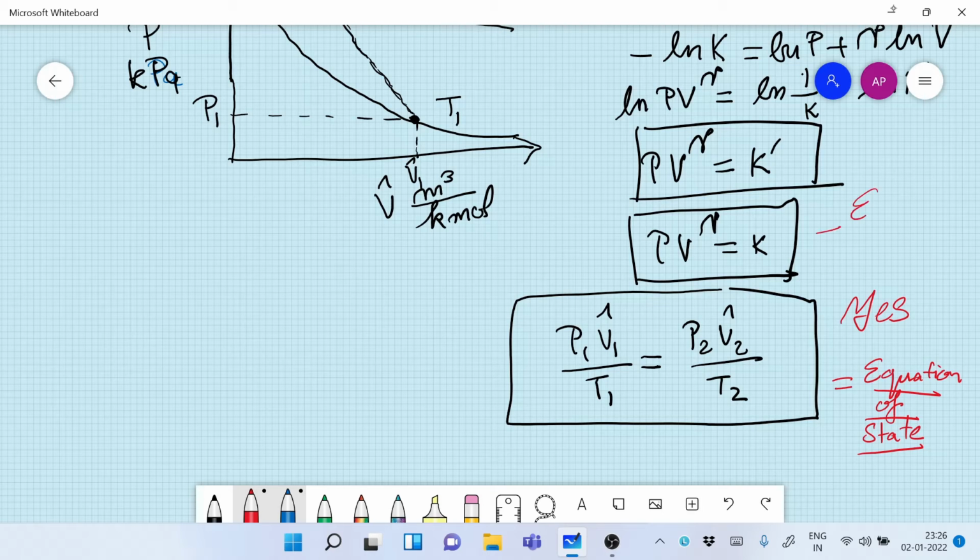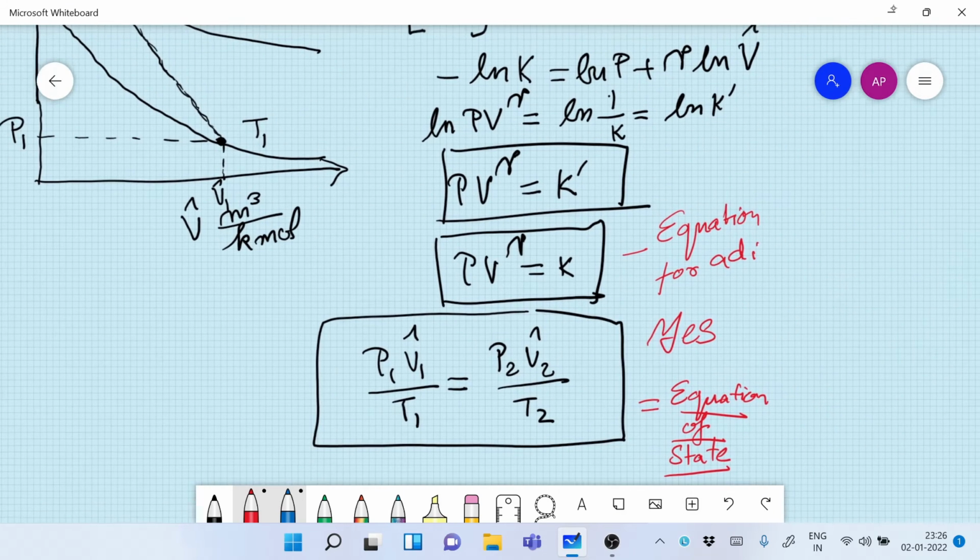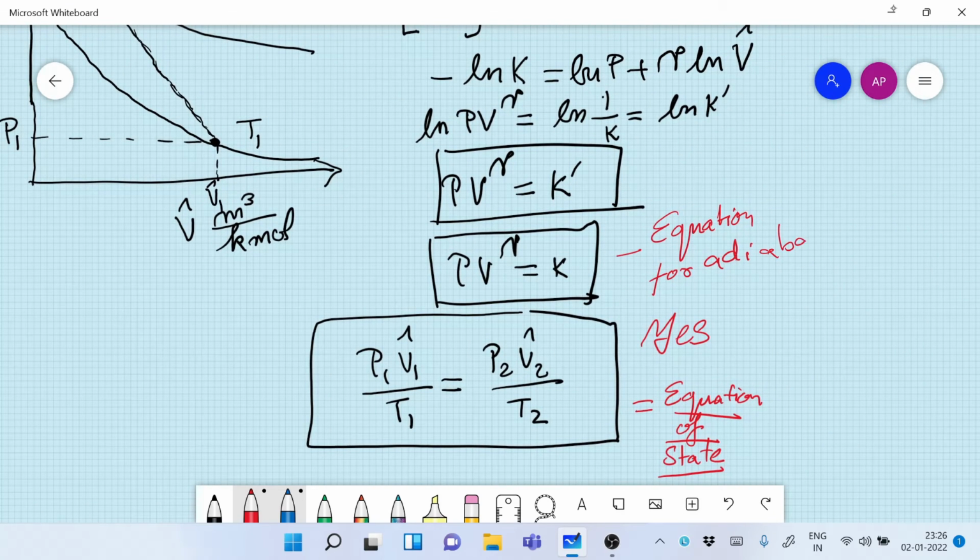This is the equation for the adiabatic process. So both these equations can be used.